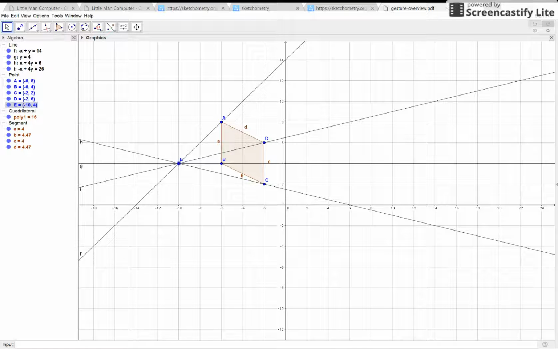So look at the distance from E to B. That is currently 2 units. And therefore, if we scale that by a factor of 2, that distance will double to 4. If I have a look at the distance from E to A, that's going along 2 units and up 2 units.